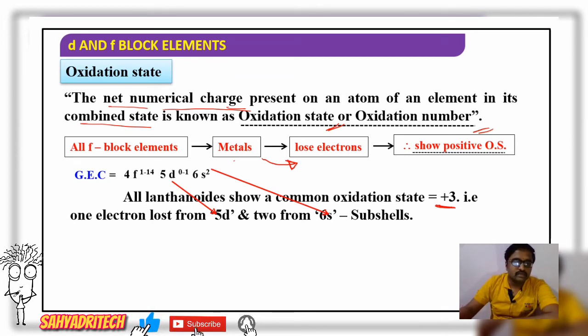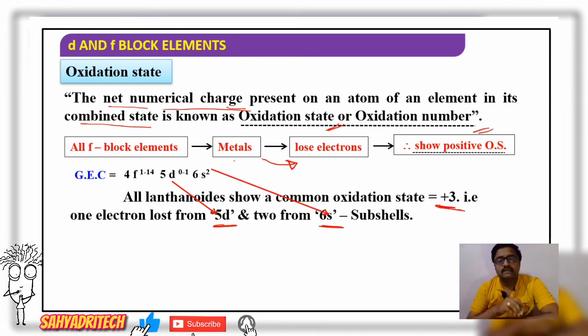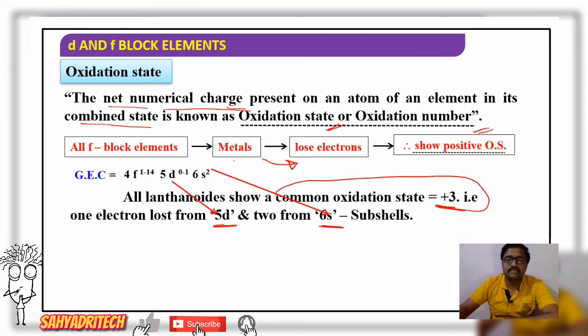By losing 3 electrons: 1 electron from the 5d orbital and 2 electrons from the 6s orbital. So overall, by losing 3 electrons they show a +3 oxidation state, which is the common oxidation state of lanthanides.